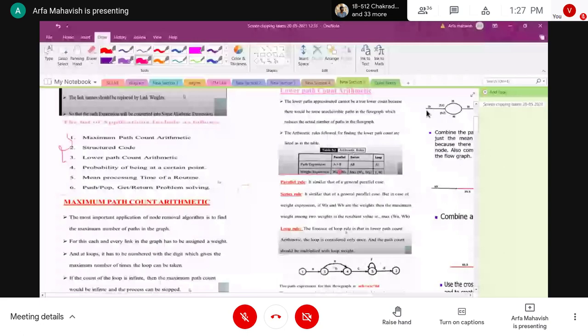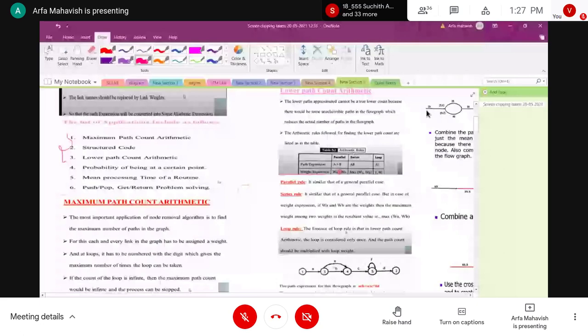In this case, with the expression, if W and W are the weights, the maximum weight among the two weights is the result value. For the serial group, with W A and W B, the maximum weight among the two is the result, that is max of W A and W B. The maximum value between the two nodes will be your result for serial.